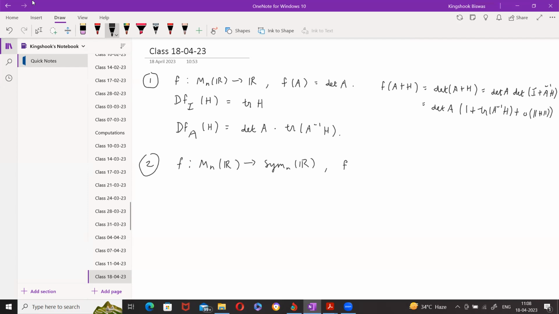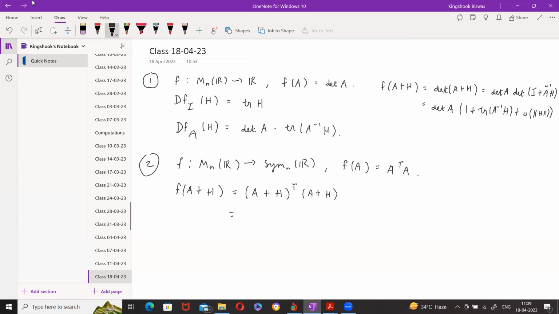F of A is A transpose A. So we have to work out the derivative, right? So we look at f of A plus H, right? So this is A plus H transpose into A plus H. So you expand this out.